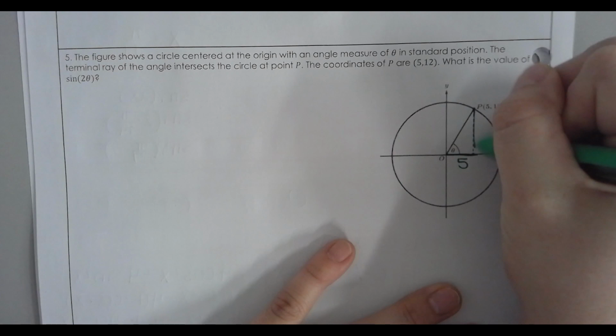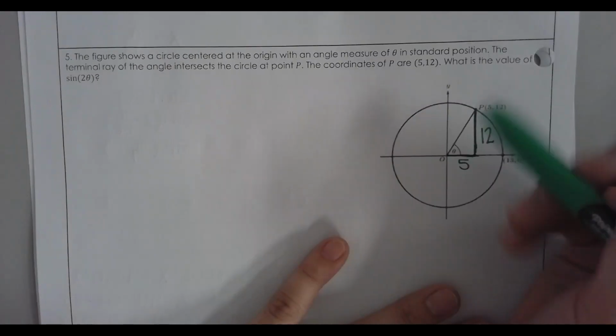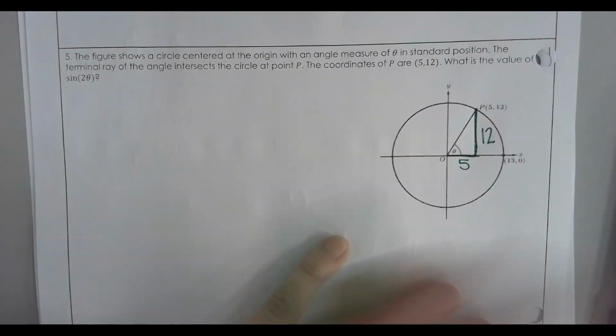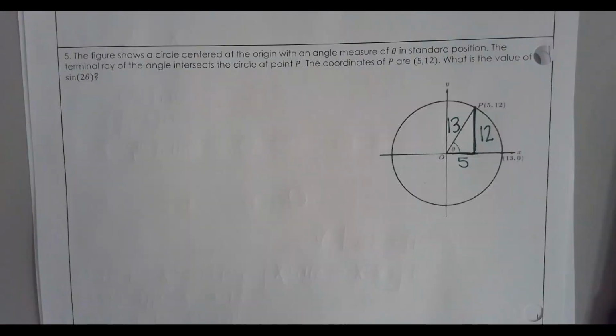This height has to be 12. Does anybody know the Pythagorean triple, what this third side is going to be? 13. 5, 12, 13 is a Pythagorean triple. Or you could do the Pythagorean theorem to figure it out.